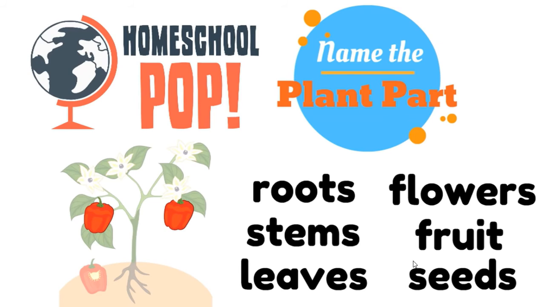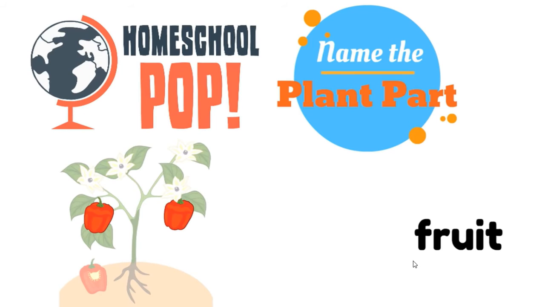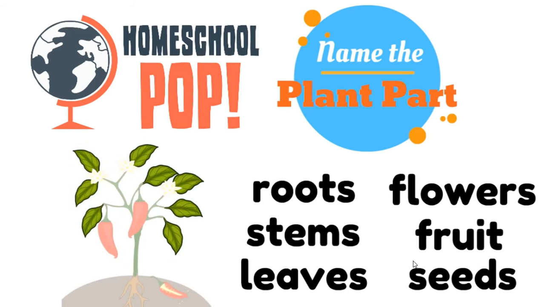The fruit. The fruit of this plant. Great job. Here's the next one. What plant part is colored in? Leaves. Yeah, the leaves. Leaves are colored in.